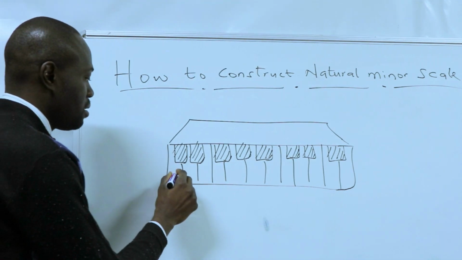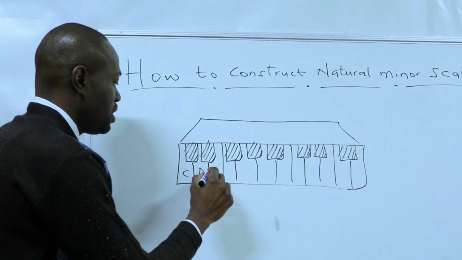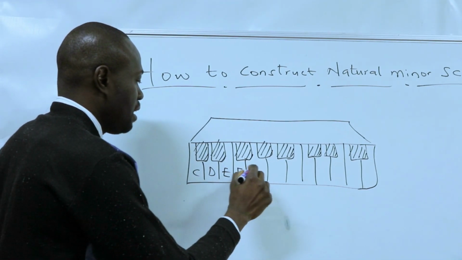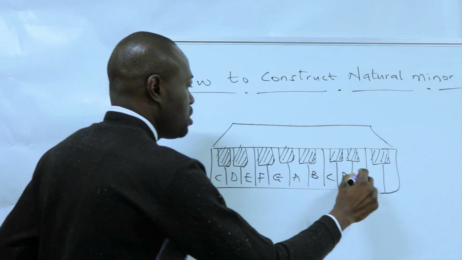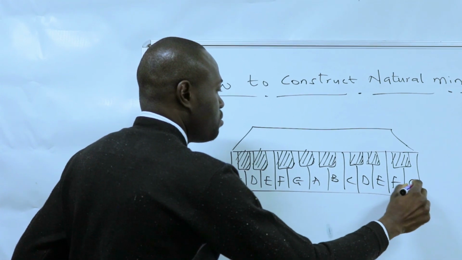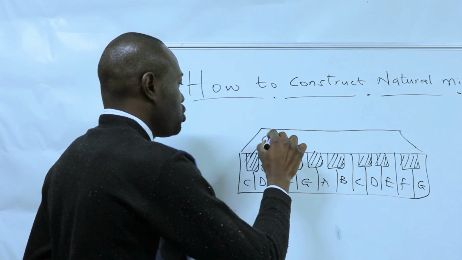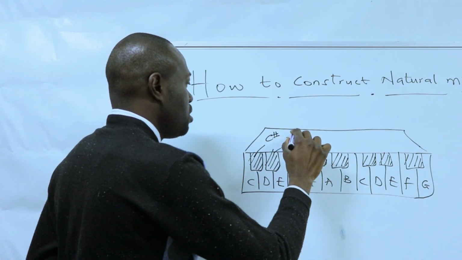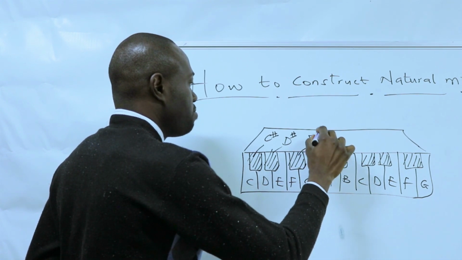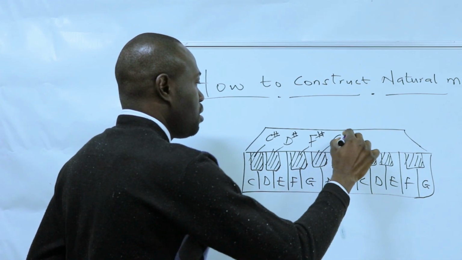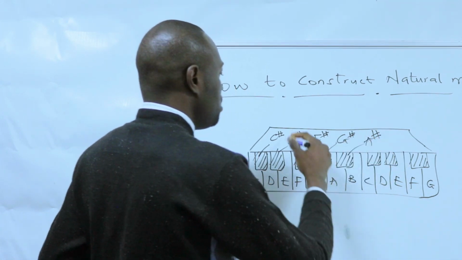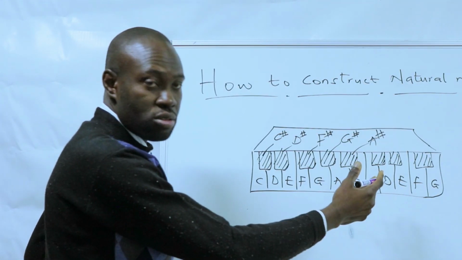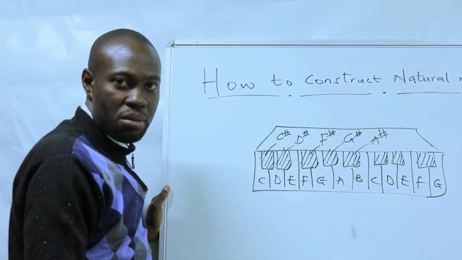Right, again, this is C, D, E, F, G, A, B, C, D, E, F, G. And this is C sharp, D sharp, F sharp, G sharp, and A sharp. Of course, they've got their enharmonic notes, but let's keep them as sharps now.